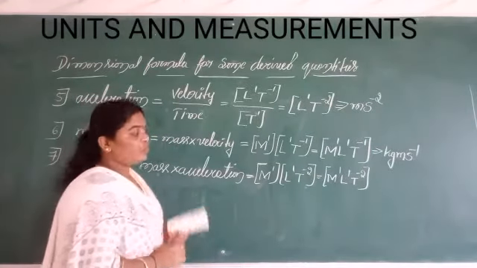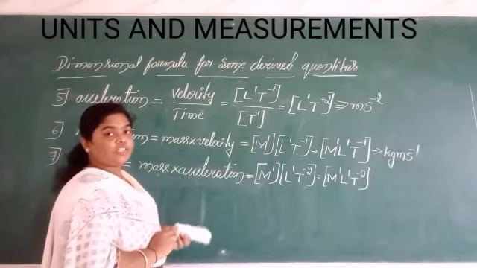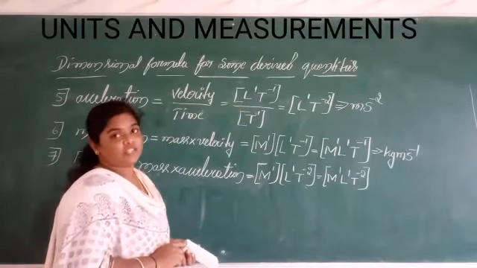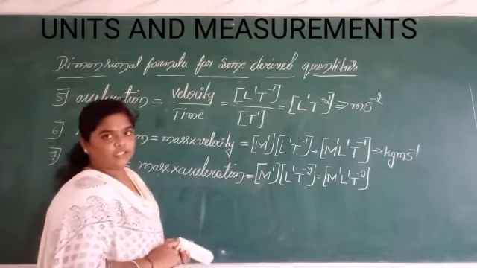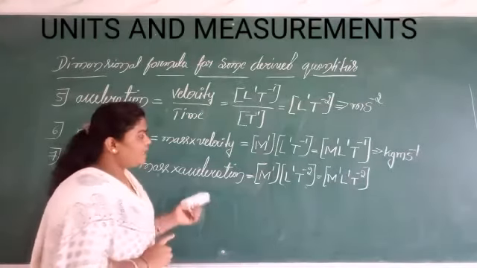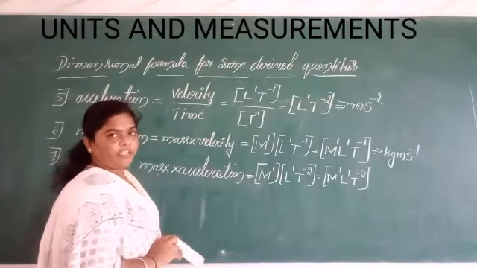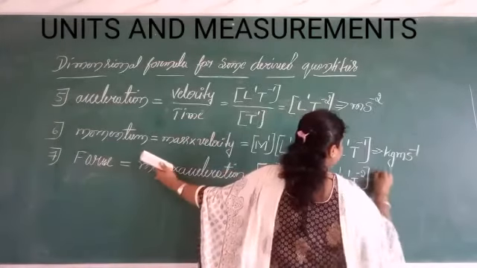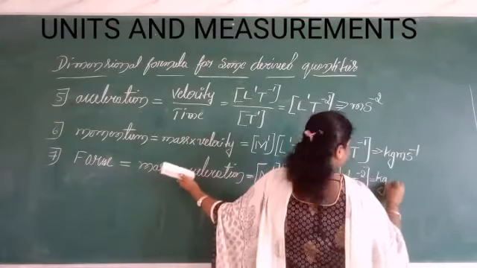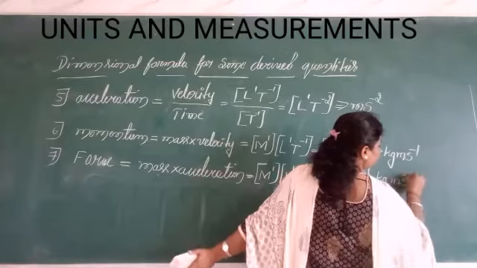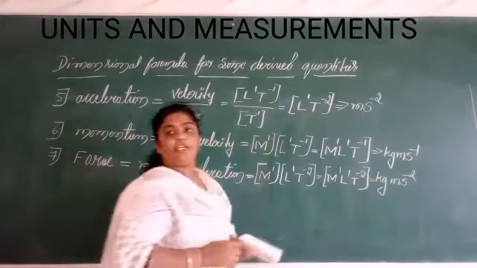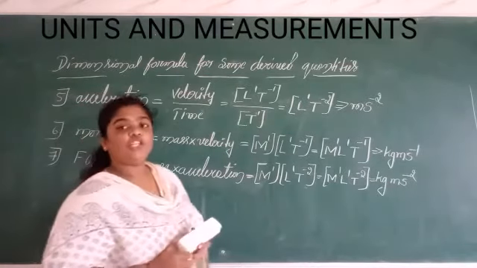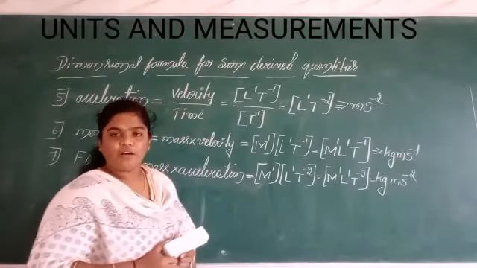For the unit, we know a unit for force, represented by a scientist's name, that is Newton. In terms of fundamental units, mass is kg and acceleration is meter per second square, so kg meter per second square, or the Newton, is the unit of force.